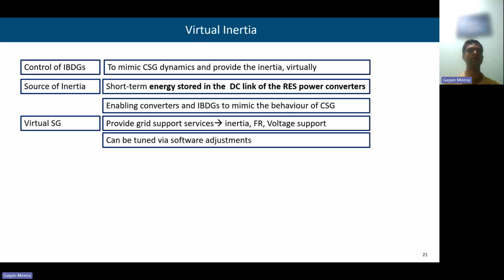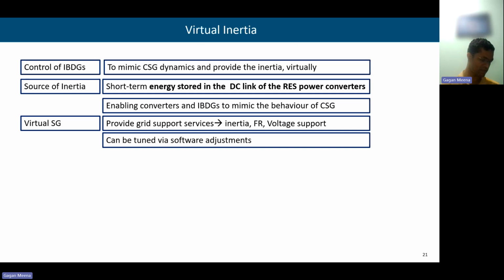Okay, so virtual inertia, let us discuss it once more. What is virtual inertia? It is to control the IBDGs, inverter-based distributed generators, in order to mimic the conventional synchronous generator dynamics and provide the inertia virtually. What is the source of inertia here? It is the short-term energy stored in the DC link of the renewable energy resource power converters.